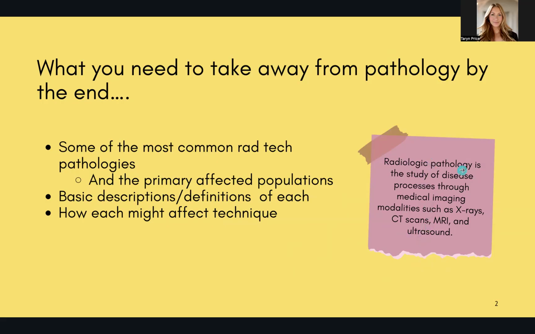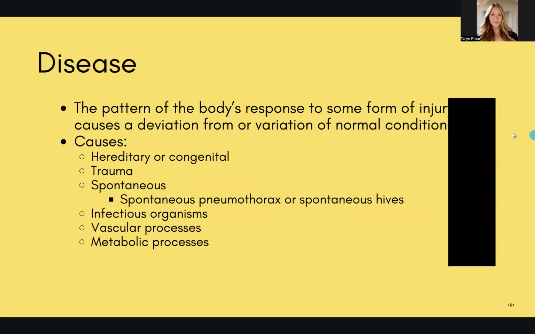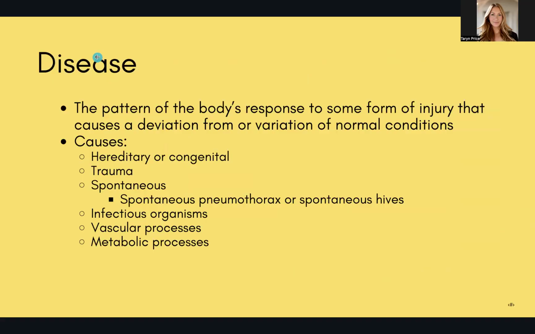All right, so pathology is the study of disease processes through medical imaging like X-rays, CT, and MRI. All right, so disease. This is the pattern of the body's response to some form of injury that causes a deviation from normal conditions. It could be hereditary or congenital.